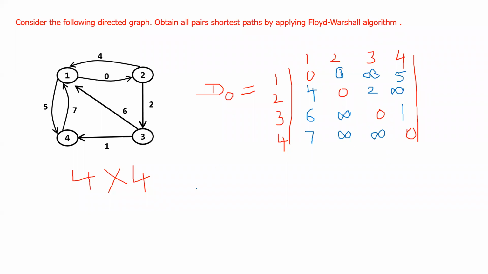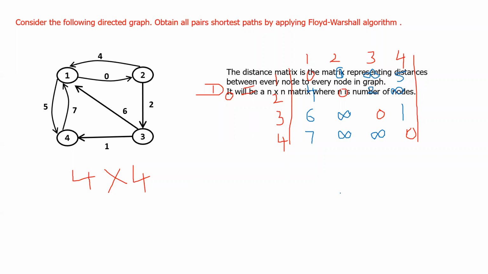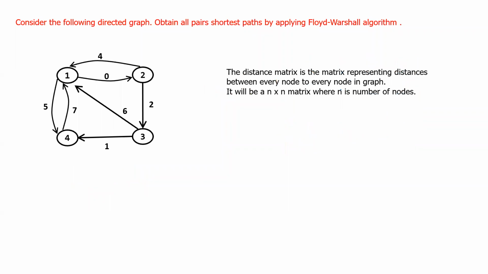So this is your initial adjacency matrix or initial distance matrix, which is called D naught, and this will be your step 0 in the Floyd-Warshall algorithm. Step 0 is you have to formulate the initial distance matrix D naught.